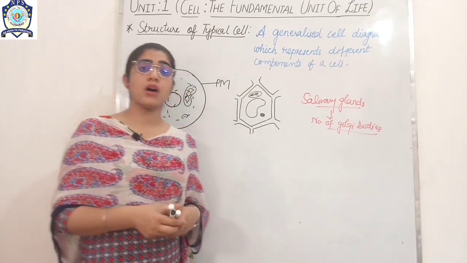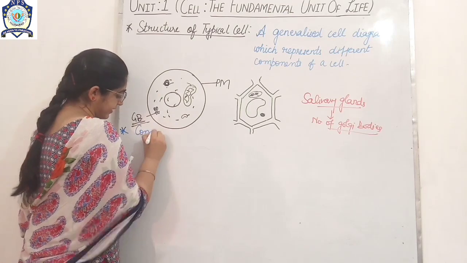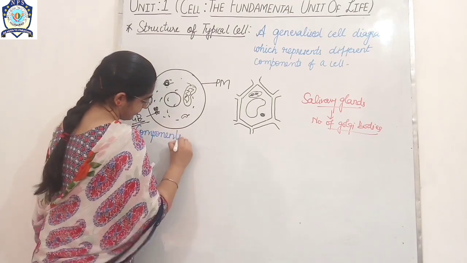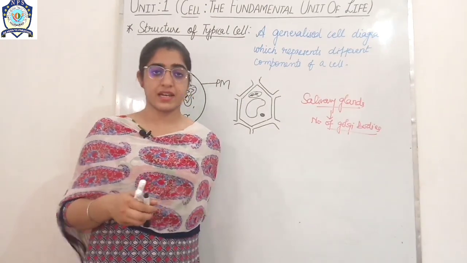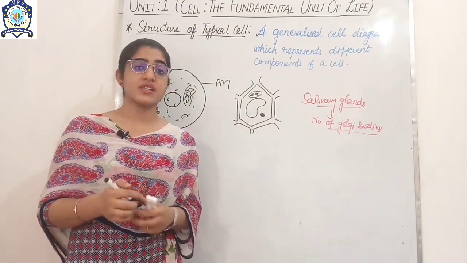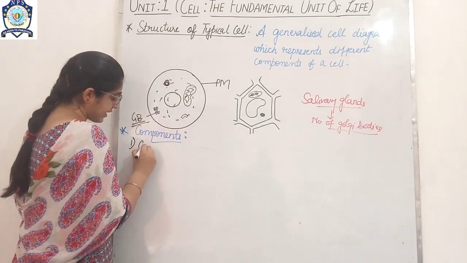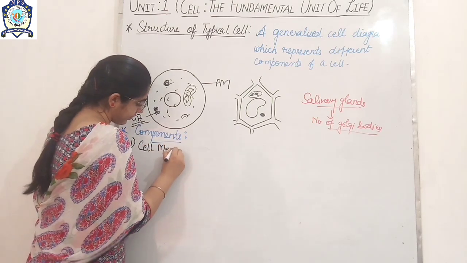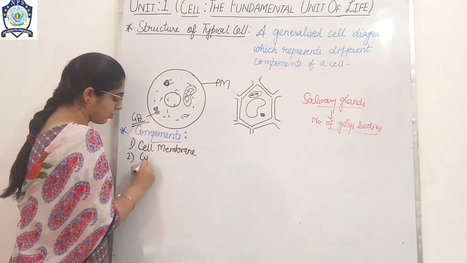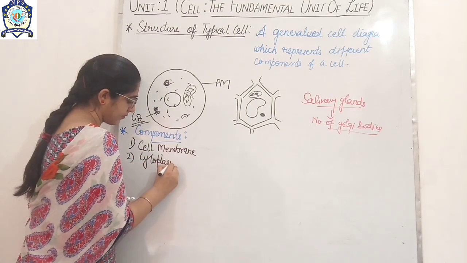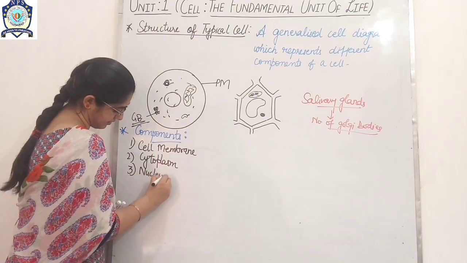Now let's talk about the components of a typical cell. If we talk about the components of a typical cell, a typical cell generally has three main components. One is the cell membrane, second is the cytoplasm, and the third one is the nucleus.